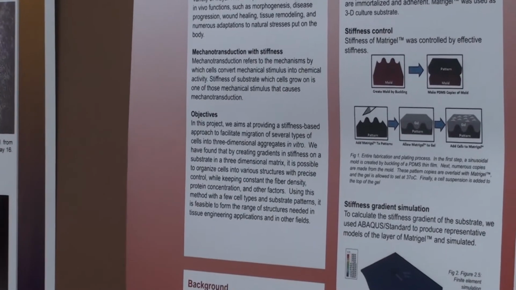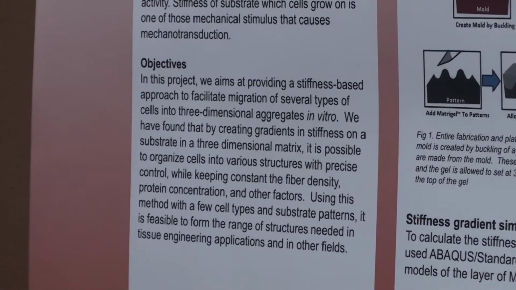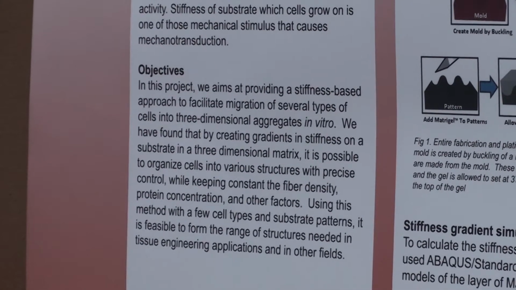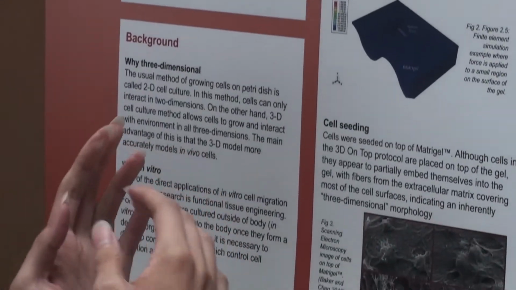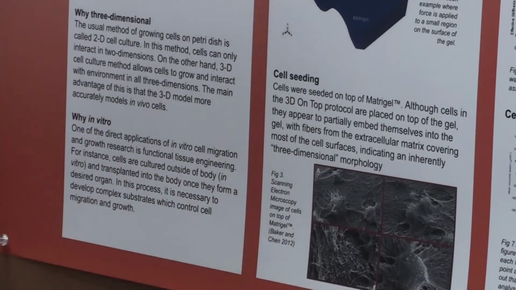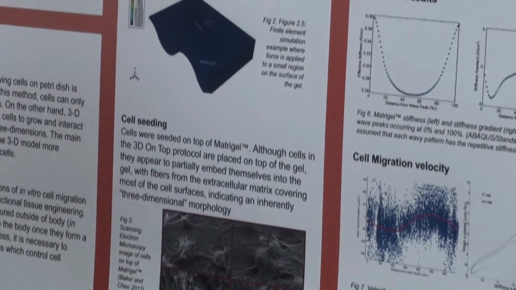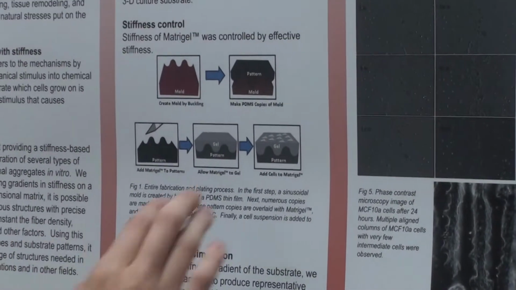The objective of this project is to track how cells move alongside stiffness gradients. First we made a PDMS wavy pattern, then covered this PDMS with a Matrigel, and then seeded cells on top of the gels.